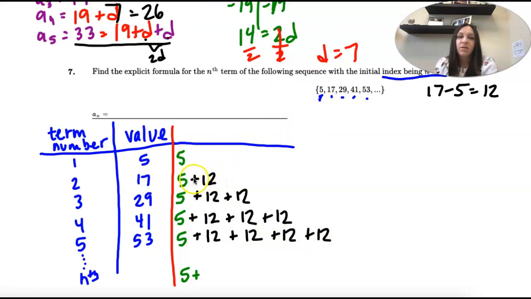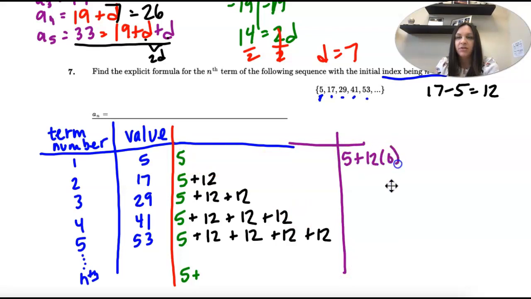Okay, so let me pick a different color, maybe purple. So this first one, I have 5, and I have 0 12s. Just stay with me for a minute. Term 2, I have 5, and I'm adding 1 12.